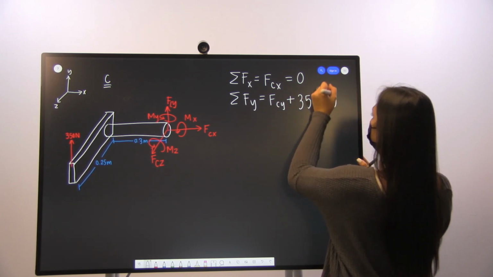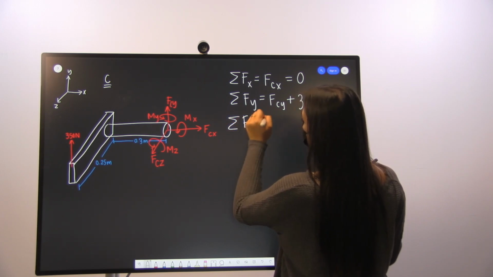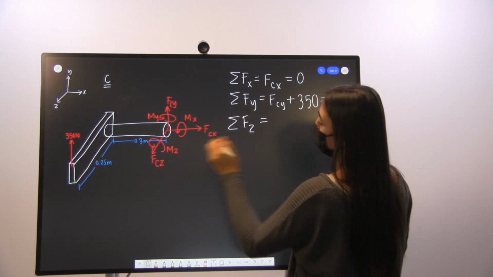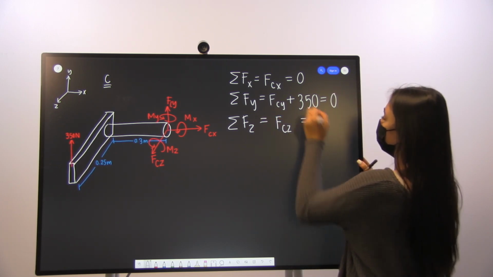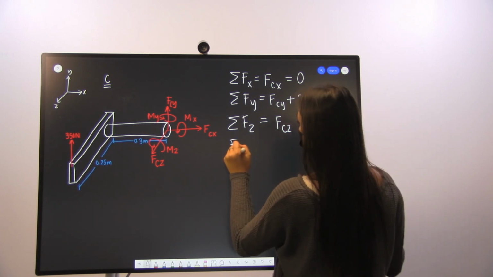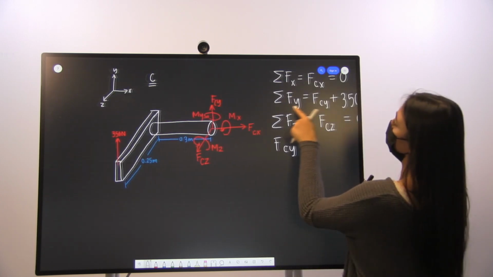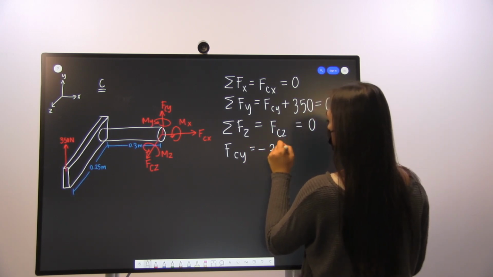And that, again, is all going to be equal to 0. Do the same thing for our forces in the z direction. All we have is our Fc of z, and again, equal to 0. So now we can solve for Fc of y by rearranging this equilibrium equation, and we get negative 350 newtons.